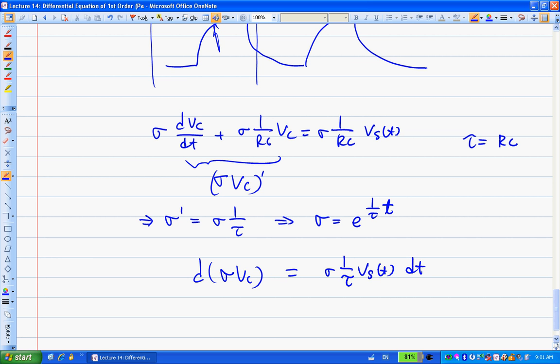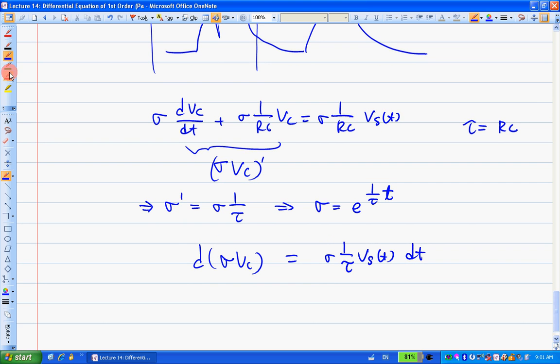If you divide the dt to this side, that's basically sigma Vc prime. Then you integrate. This is where there's a little difference now. In all the previous examples, when we do the integral, we just do the integral, and then if there's an initial condition, we apply the initial condition.